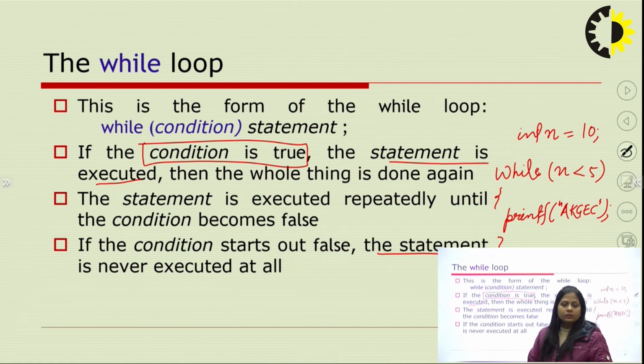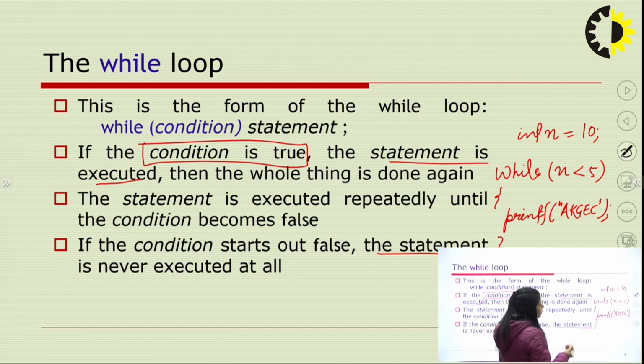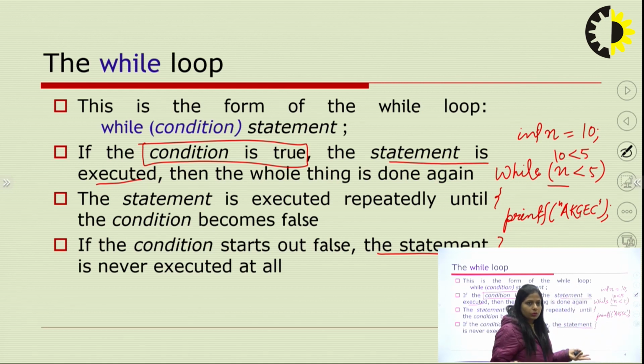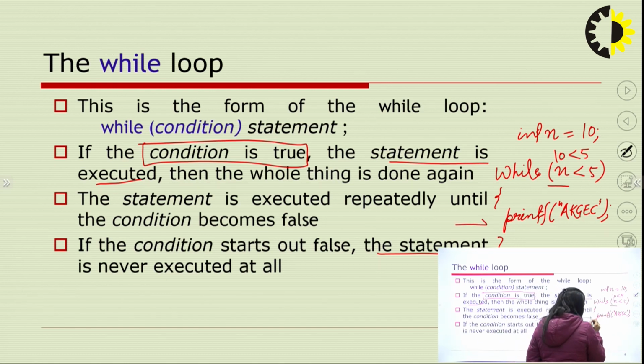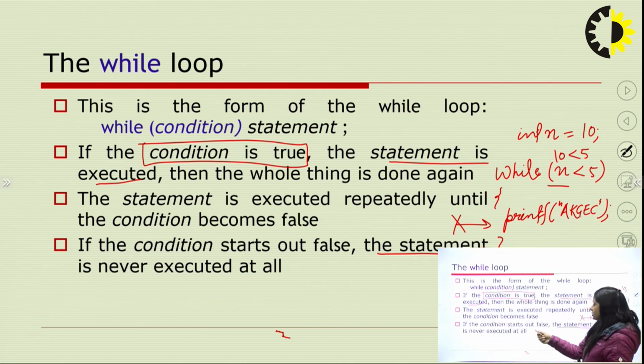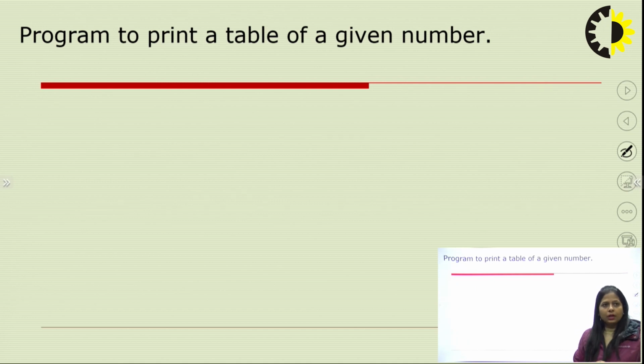It will check: is 10 less than 5? No, that's not true. 10 is greater than 5. So the control will never enter into this block of code. That is why we say if the condition starts out false, the statement is never executed at all. Now we will discuss an example to understand the concept of while loop.